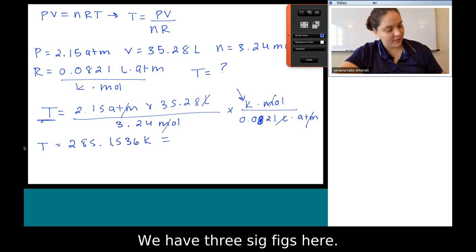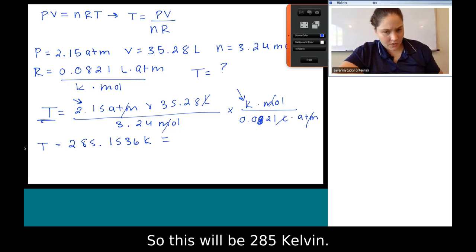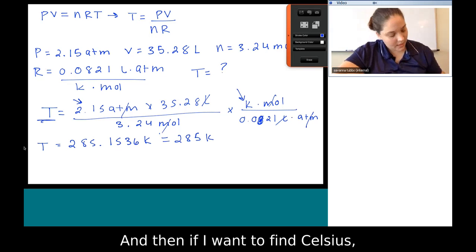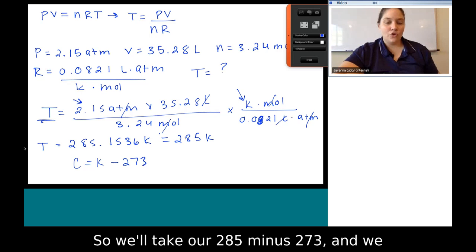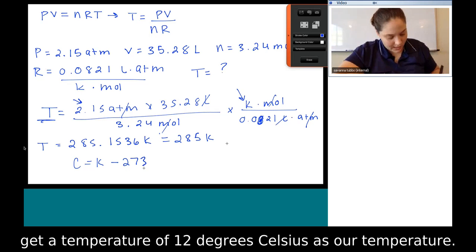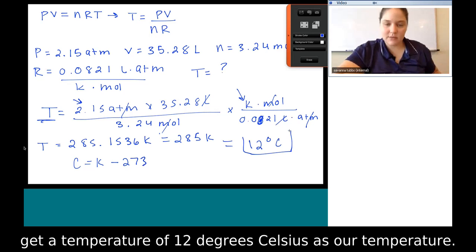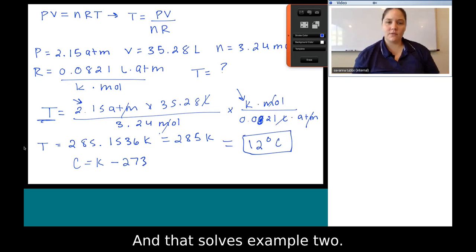We have 3 sig figs here, so this will be 285 Kelvin. And then if I want to find Celsius, it's going to be Kelvin minus 273. So we'll take our 285 minus 273, and we get a temperature of 12 degrees Celsius. And that solves example 2.